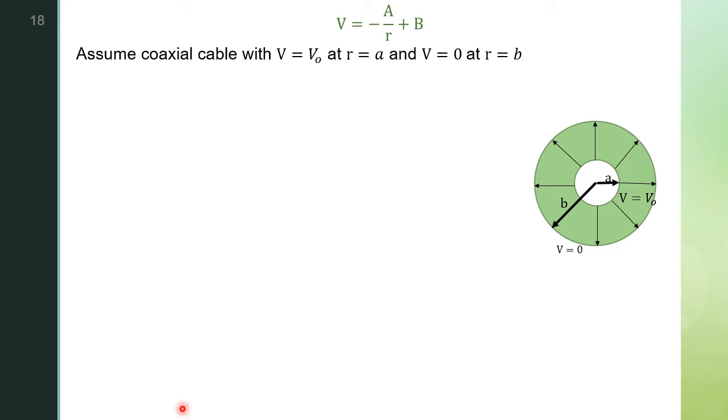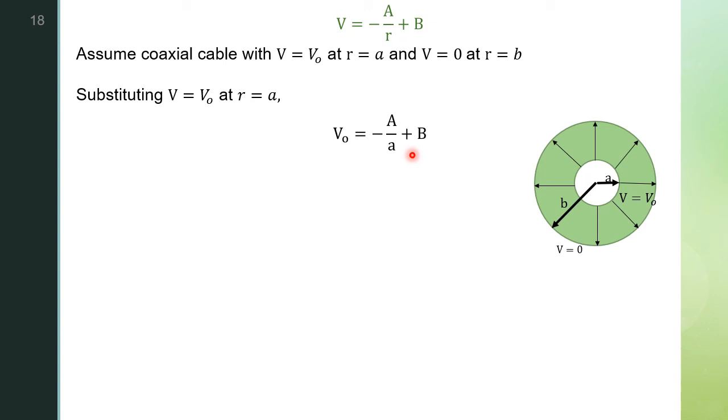Now we apply the two boundary conditions, that is V equal to V0 at r equal to a, and V equal to 0 at r equal to b. On substituting the first condition, we get V0 equal to minus capital A by small a plus B. Now capital A and capital B are the integration constants which we are trying to solve.